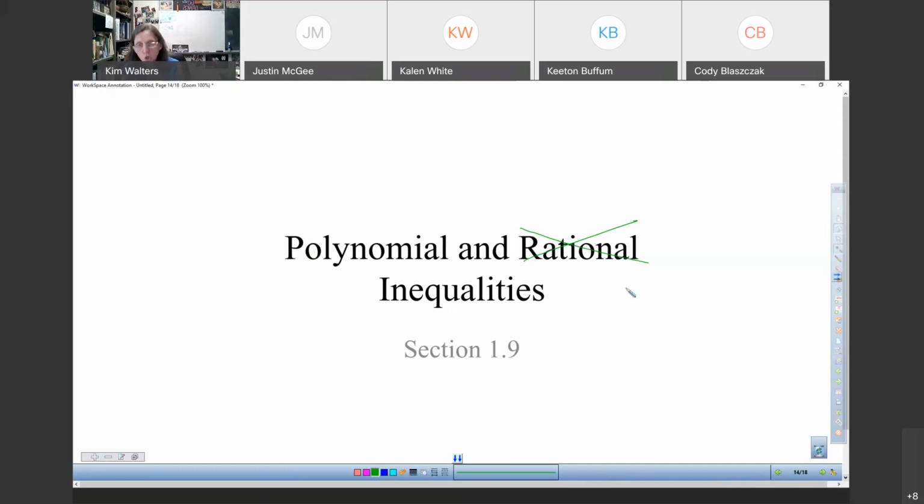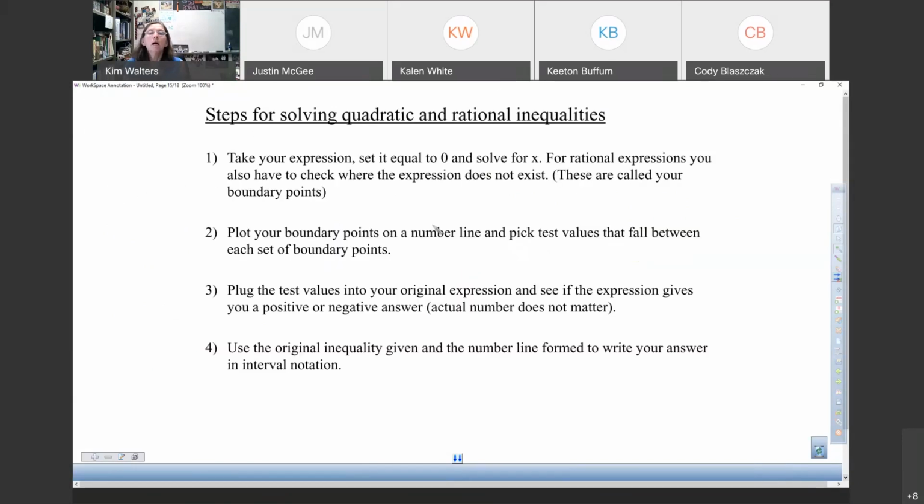All right. So let's talk about what I call polynomial inequalities. That's really what we're going to be doing. I know there's a bunch of words on this page, and we are going to get through them together. What I need you to realize is that this is a step process, and I am going to walk you through every single solitary step.